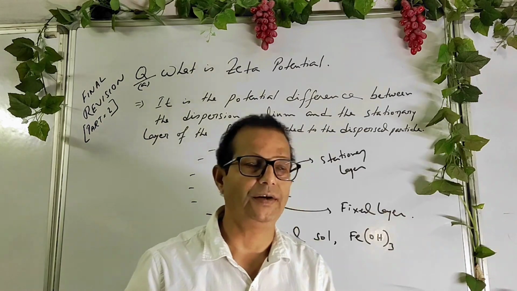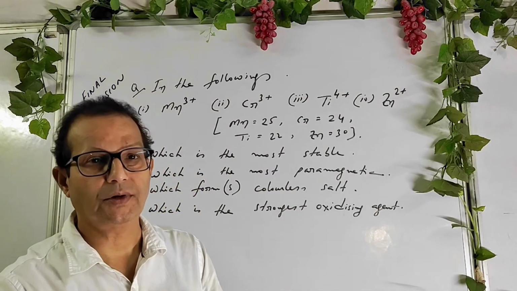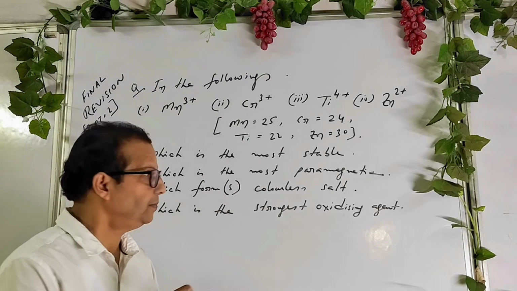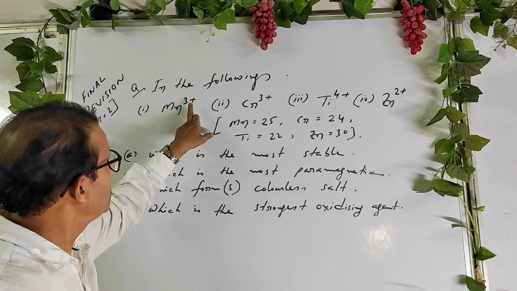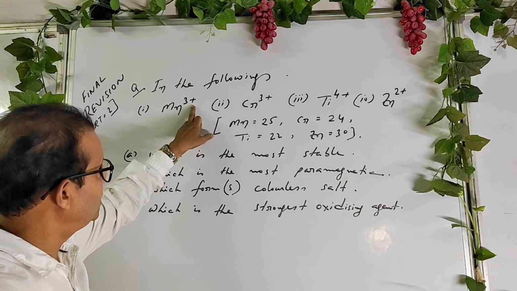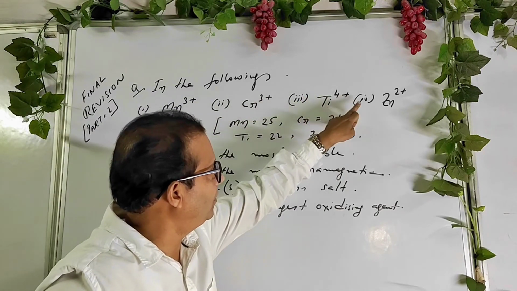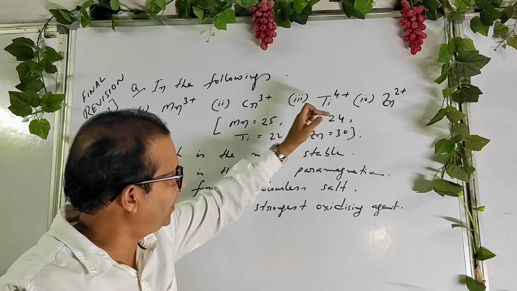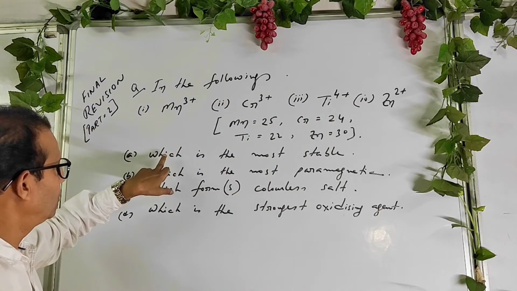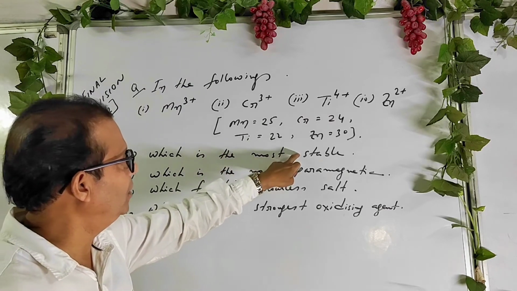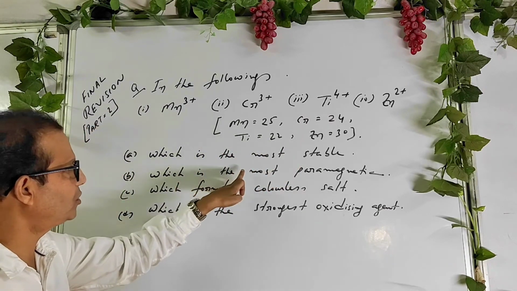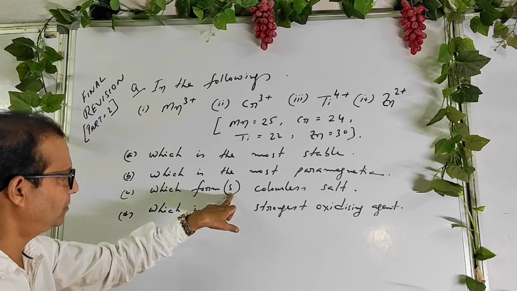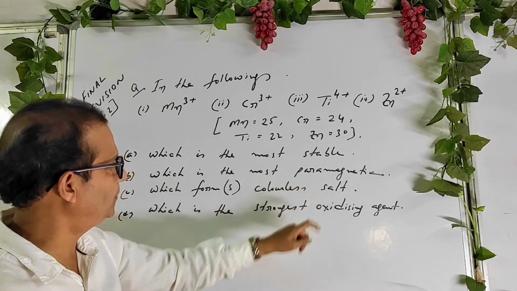Follow the next question. This is a very important question. Transition metal ions are given, atomic numbers are also given. Which is the most stable? Which is the most paramagnetic? Which form or forms colorless salt?